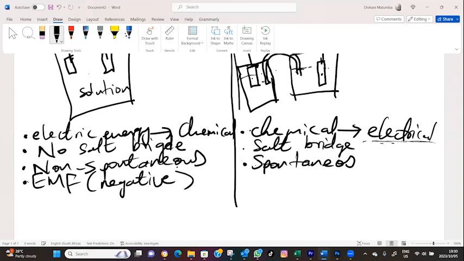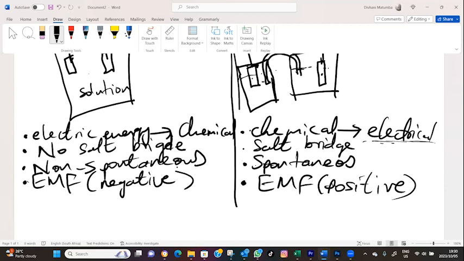Later on, you will see how we calculate EMF. We calculate EMF from the reduction table. For the galvanic cell, EMF is always positive. Right?